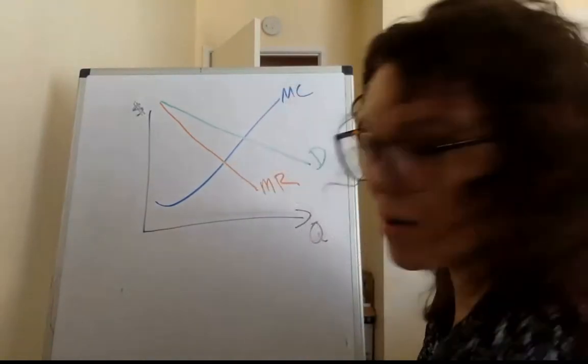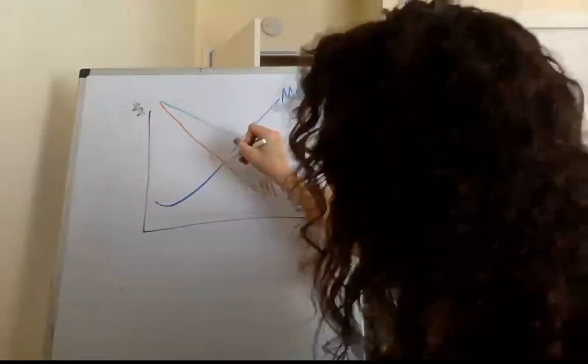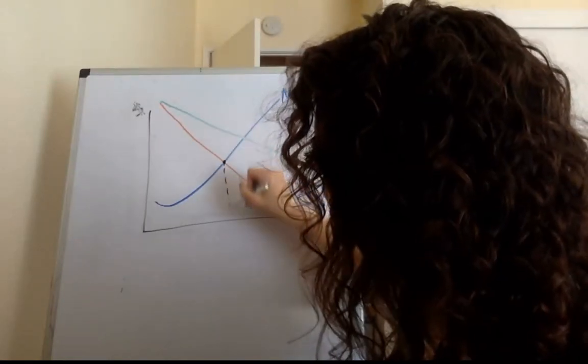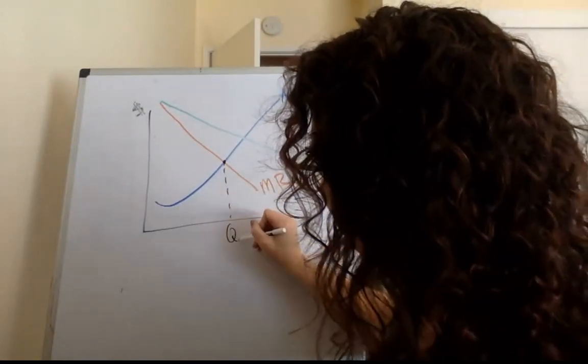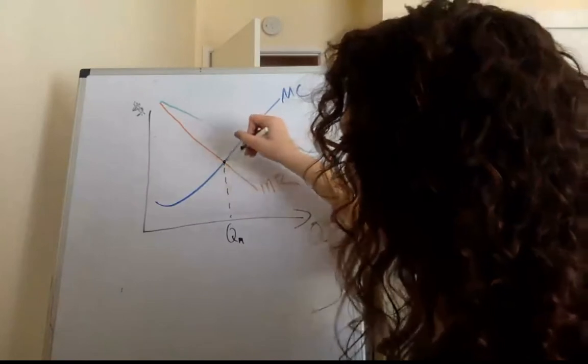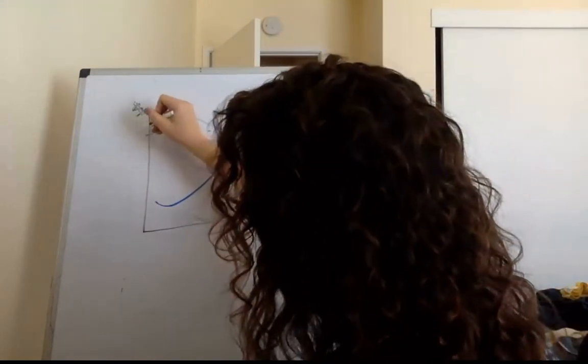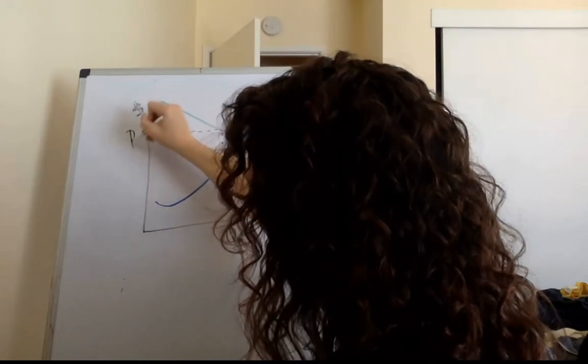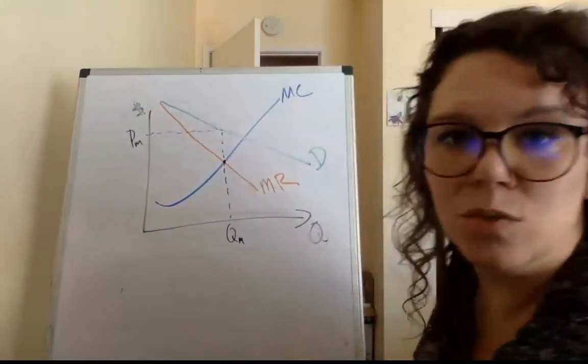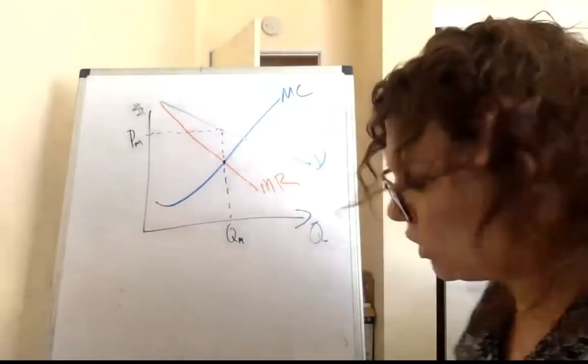A monopolist is going to produce at marginal revenue equal to marginal cost. So that's a monopolist equilibrium. They're going to charge based on the demand curve. So that's the price the monopolist would charge consumers.